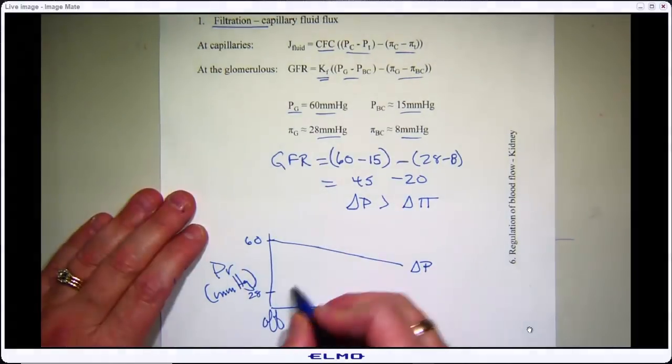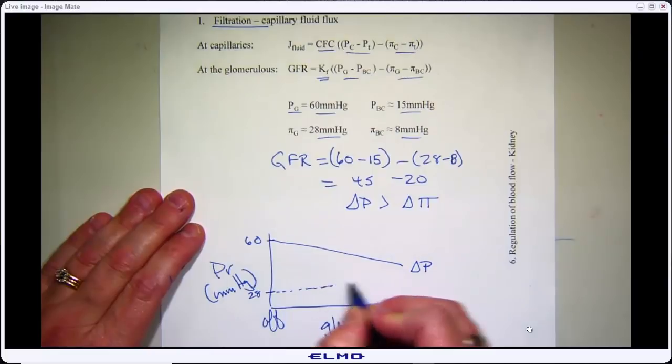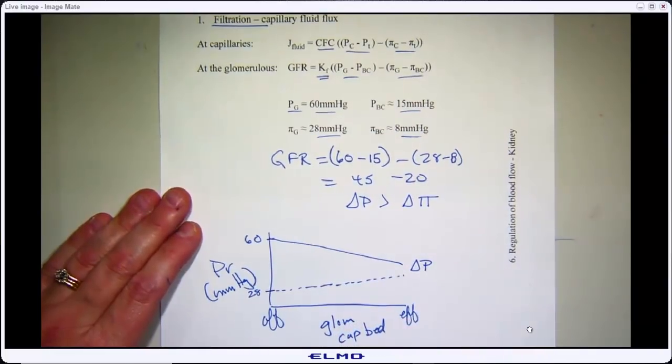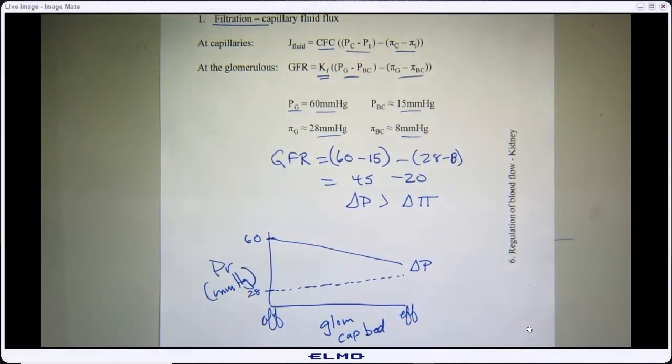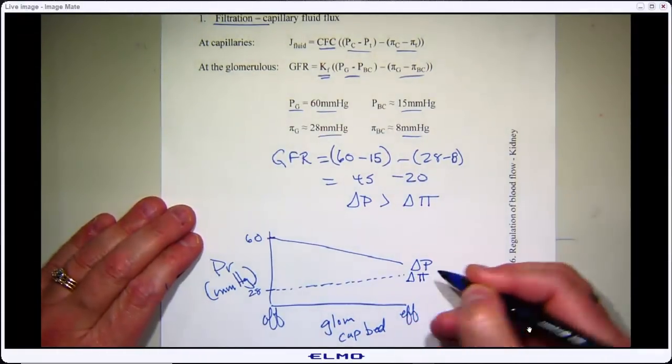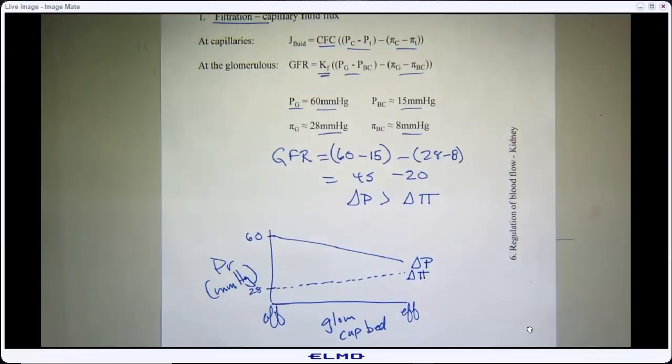We actually concentrate the blood a little bit as we go, right? So we are pulling out fluid, leaving those proteins behind, so the blood becomes a little concentrated as we go. So this is something that was a little bit different from our skeletal muscle capillary bed. Okay, so this is really our delta pi as we go across that capillary bed.